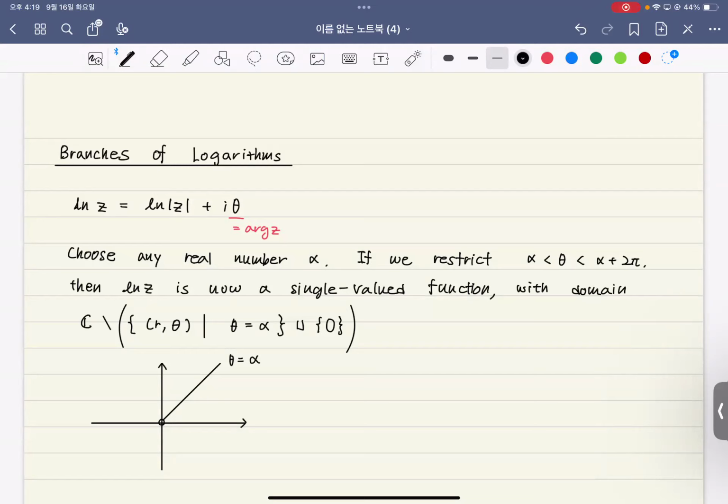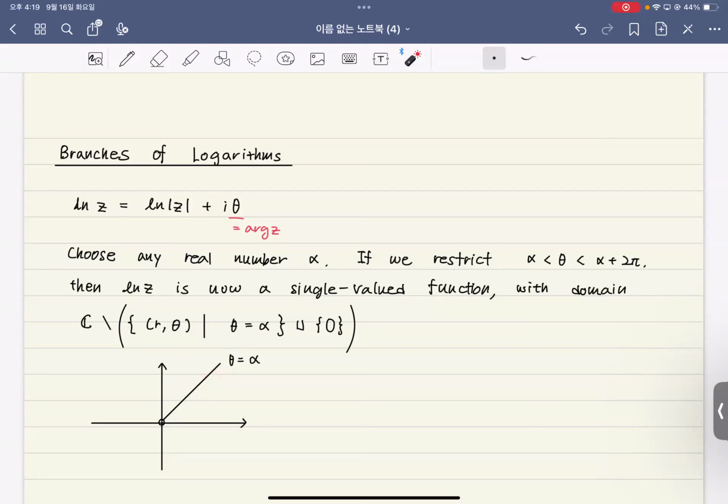And also I have to point out that this is the best I can do. So why? Suppose that I want to somehow extend my domain. Then any attempt to extend your domain to some point on this ray will clearly make your function discontinuous at this point, right?